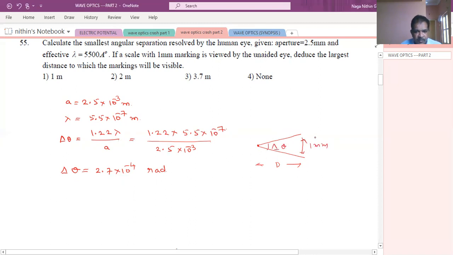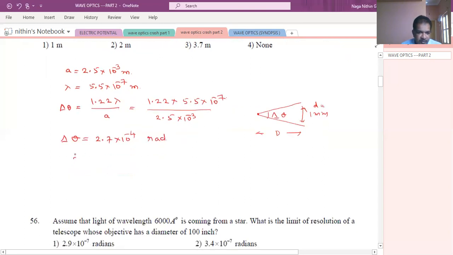So delta theta is equal to small d by capital D, 2.7 into 10 power minus 4. Capital D is equal to small d, 1 mm means 1 into 10 power minus 3, by 2.7 into 10 power minus 4.